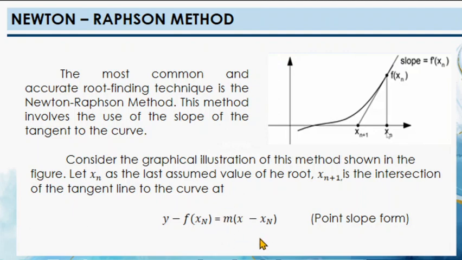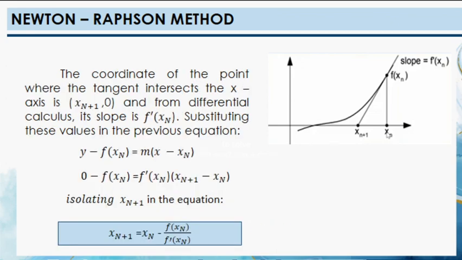So yung m natin, class, is yung slope natin. So dito, kinukuha natin yung slope of the tangent to the curve. So the coordinate of the point where the tangent intersects the x-axis is x sub n plus 1 and 0. And from differential calculus, its slope is f prime of x sub n.